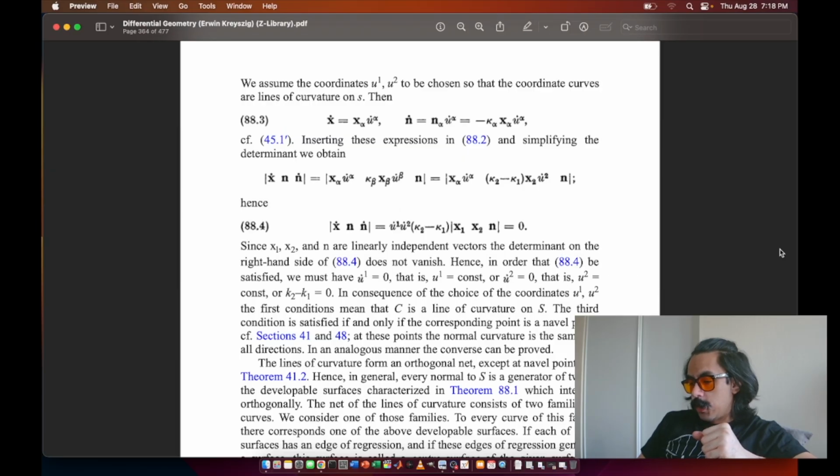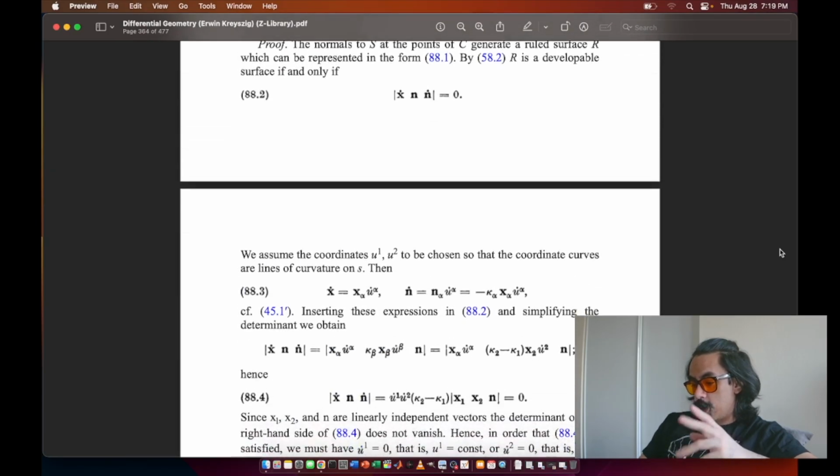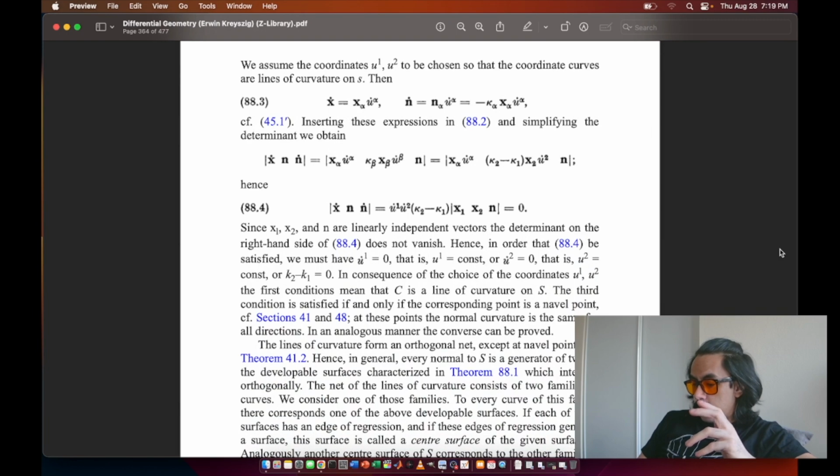So inserting these expressions into the determinant that we have above and simplifying, we obtain that the determinant of x dot, then n dot, is equal to a determinant where similarly we have column-wise these vectors. First we have vector x sub alpha times u dot superscript alpha.